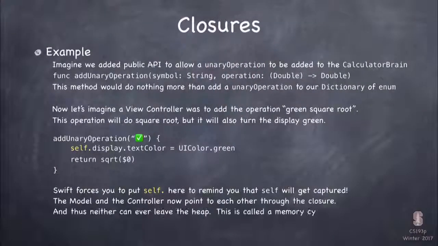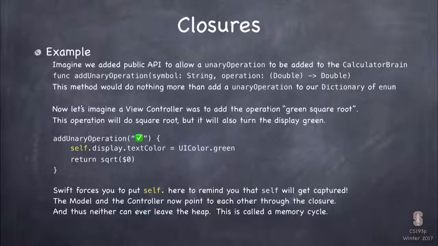It's going to say you have to explicitly say self dot there, because I want you to understand that you are capturing a strong pointer to yourself in this closure.